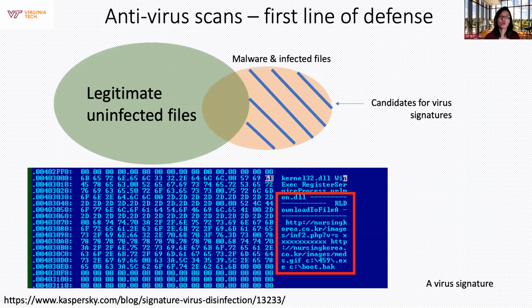But I want to switch topic and talk about antivirus scans. It's very important to know this is the first line of defense. Some people think, oh, AV scan is so basic. It's not very useful because it cannot be effective against zero-day malware, the new malware, because you don't have the virus signature. But at least it protects your system against existing malware. So do install AV scanners, like Symantec.